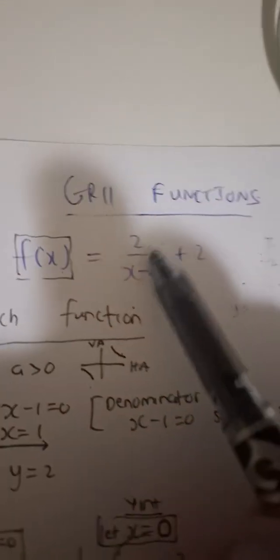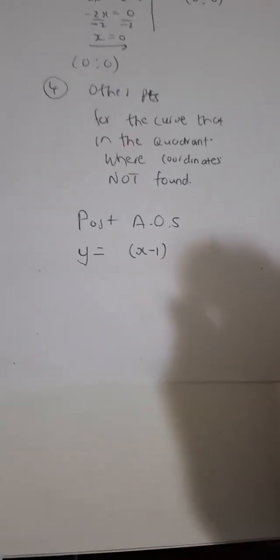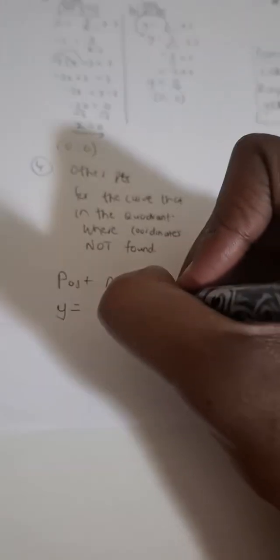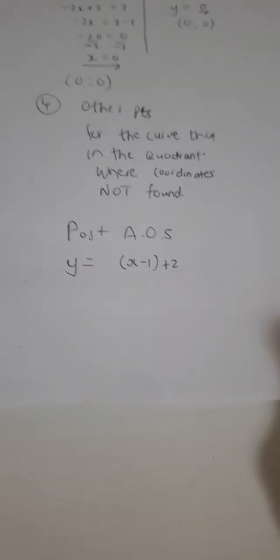You see this expression x minus 1, all you do is plug it into this bracket. You see this plus 2, all you do is plug it into this bracket.